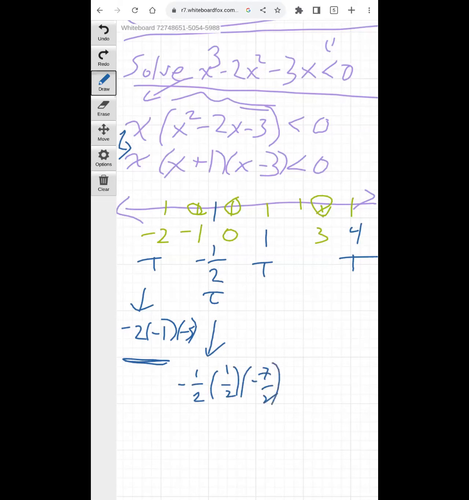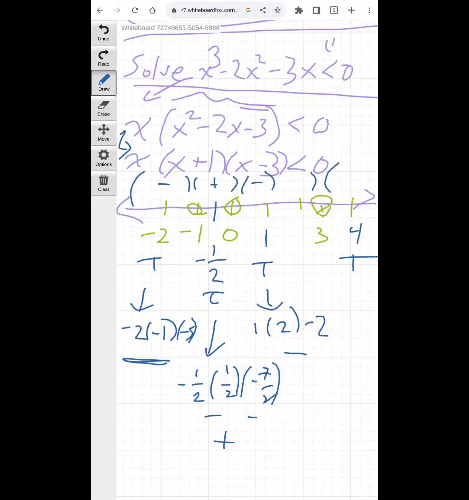A negative number times another negative number is a positive number, so the inequality is positive over this interval. It's negative over the previous interval. Now for another test point, 1: substituting in, we have 1 times 1 plus 1 is 2, times 1 minus 3 is -2. So this is a negative number over this interval, all the way up to 3.